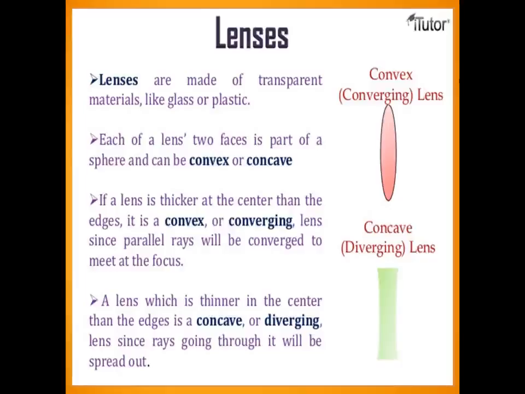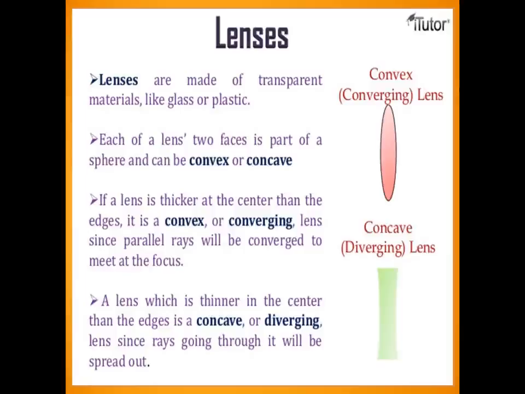It is classified into convex lens and concave lens. Lenses are made of transparent materials like glass or plastic.